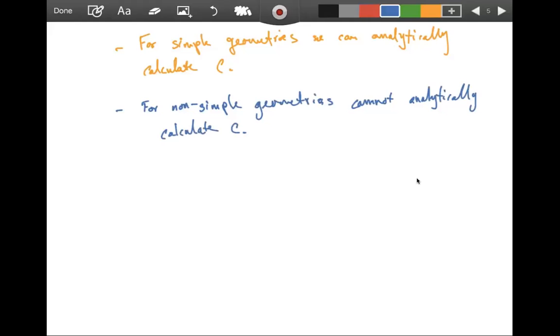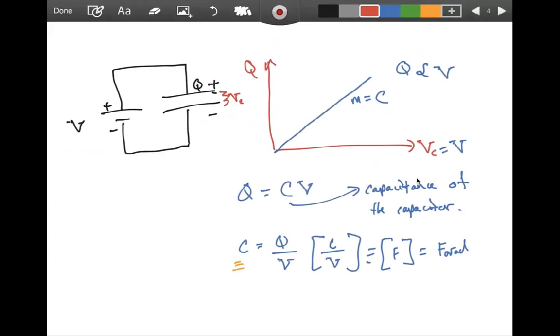So in that case, we have basically two options. Number one is you could numerically do it, meaning you can use computers to calculate what C is based off approximation methods. Or, which is pretty much easier, you can just make a plot, just like here, and measure the amount of charge versus the amount of potential you put on this, and then generate a best fit straight line and extract what the capacitance is from there.